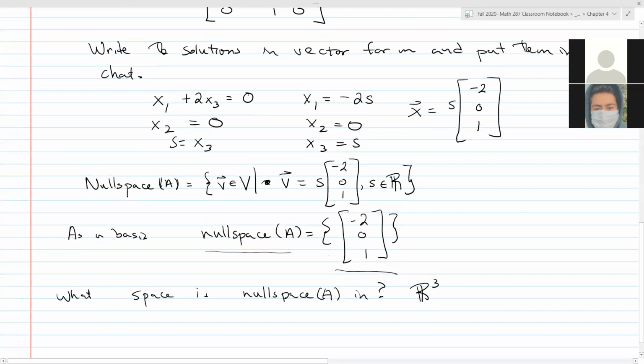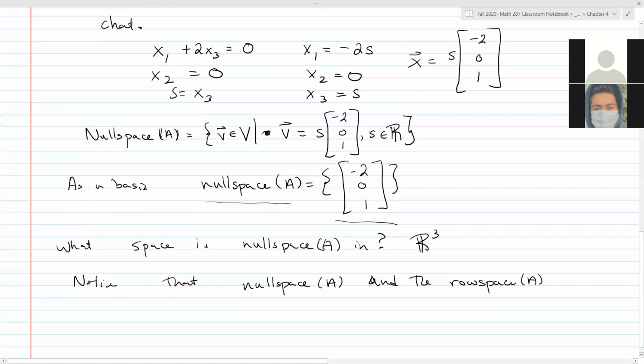So it's got a vector in R3, and we want to notice that the null space of A and the row space of A are from the same space.